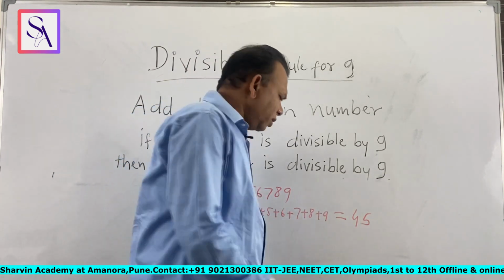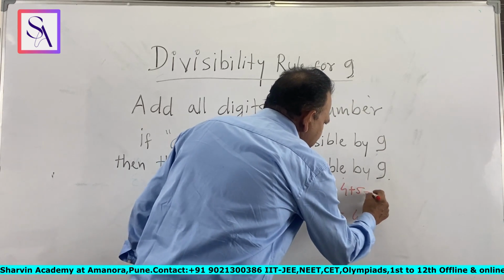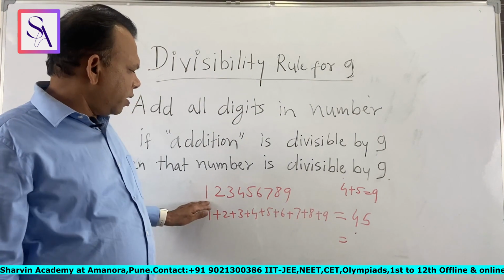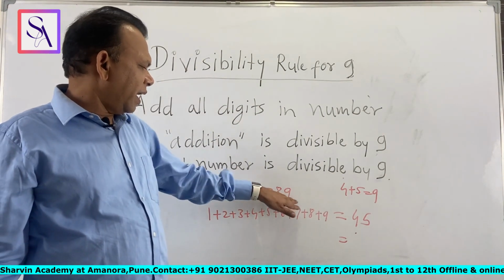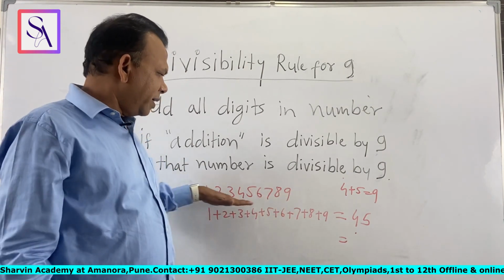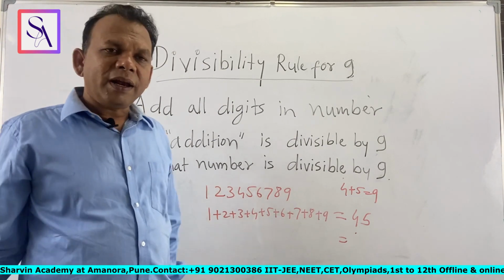If you are not sure, again you can add 4 plus 5 is equal to 9, and of course 9 is divisible by 9. So this number 123456789, these are not separate digits, this is a complete number, one number. So this number is divisible by 9.